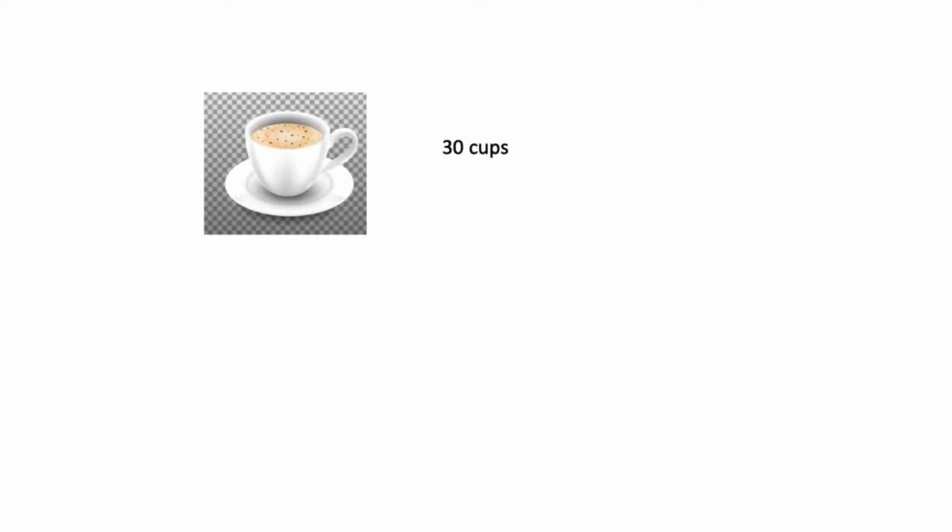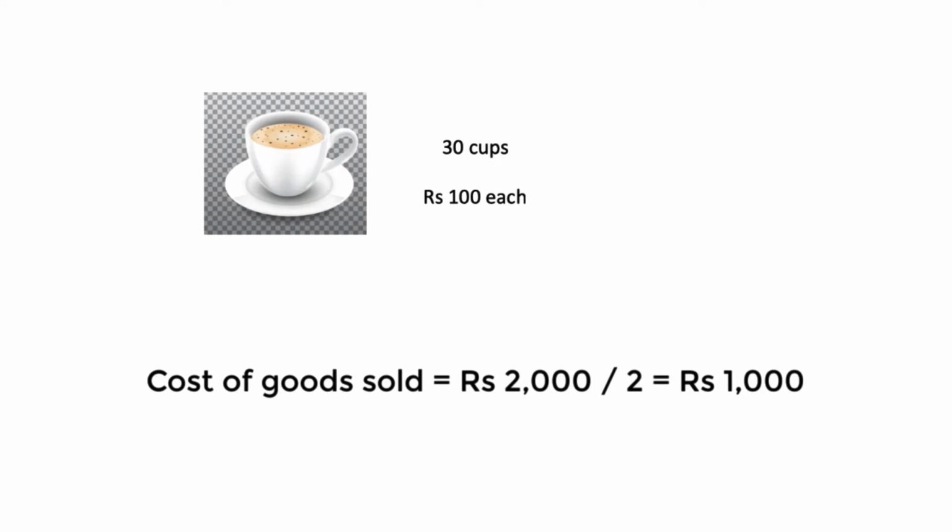So now you open for business and you land up selling 30 cups at rupees 100 each within the first 2 hours. By noon, half the milk and coffee beans are gone. So your cost of goods sold is 2,000, which was the initial inventory amount, divided by 2, that is half. You're left with 1,000 rupees.